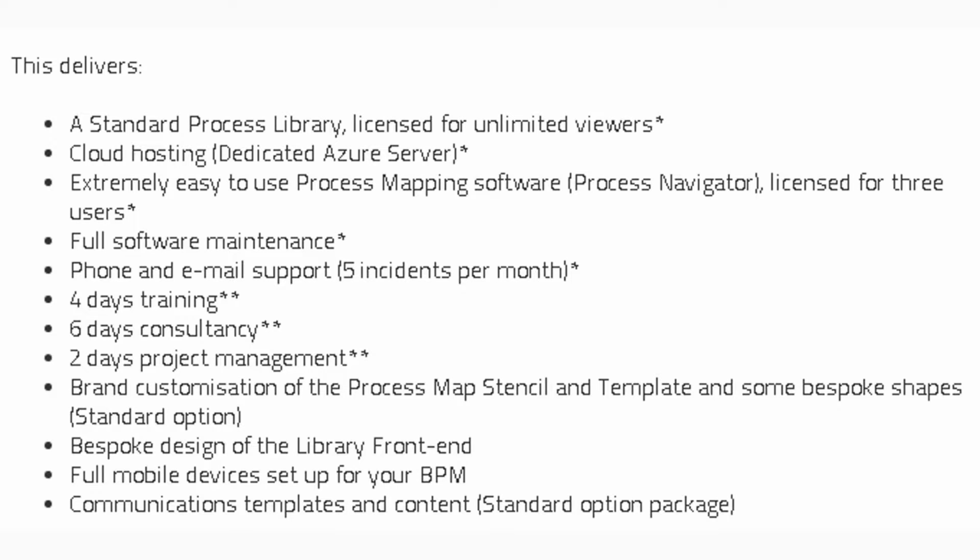This delivers a standard process library licensed for unlimited viewers, cloud hosting, extremely easy to use process mapping software licensed for 3 users, full software maintenance, phone and email support, 4 days training, 6 days consultancy, 2 days project management, brand customization of the process map stencil template and some bespoke shapes, bespoke design of the library front end, full mobile device setup for your BPM, and communications templates and content.